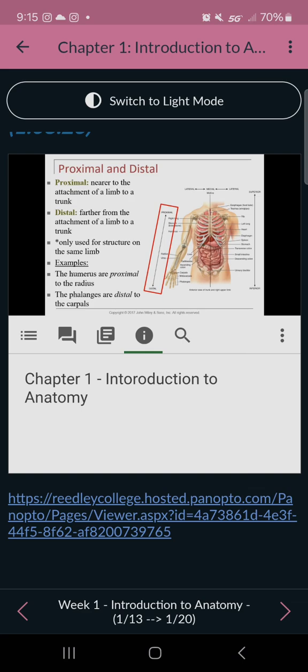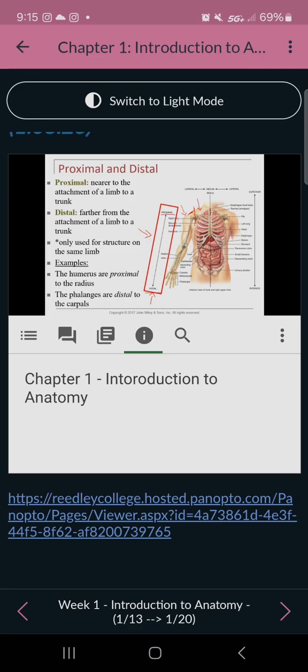Another directional term is going to be proximal and distal. This is mostly related to your limbs, for example, your upper limbs. Whenever we say proximal, it means nearer to the attachment of a limb to a trunk. As we said, the shoulders are what separate the upper limbs and the trunk.